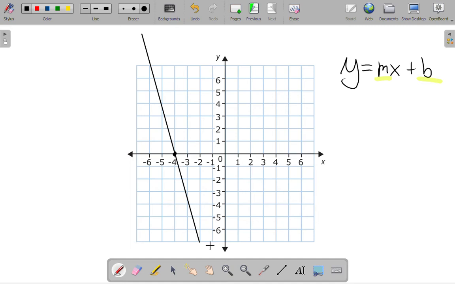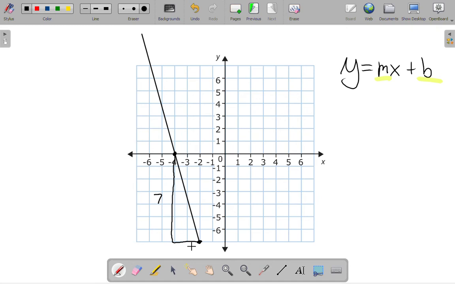Now, 2 of the points I see on here are this one and this one. Okay? These other points, this point isn't good because it's not exactly on the grid. It's in between 2 numbers. So we're looking for points where it's exactly on the grid. So if I use those 2 points there and I draw a triangle here to help me figure out my slope, my rise is 1, 2, 3, 4, 5, 6, 7.